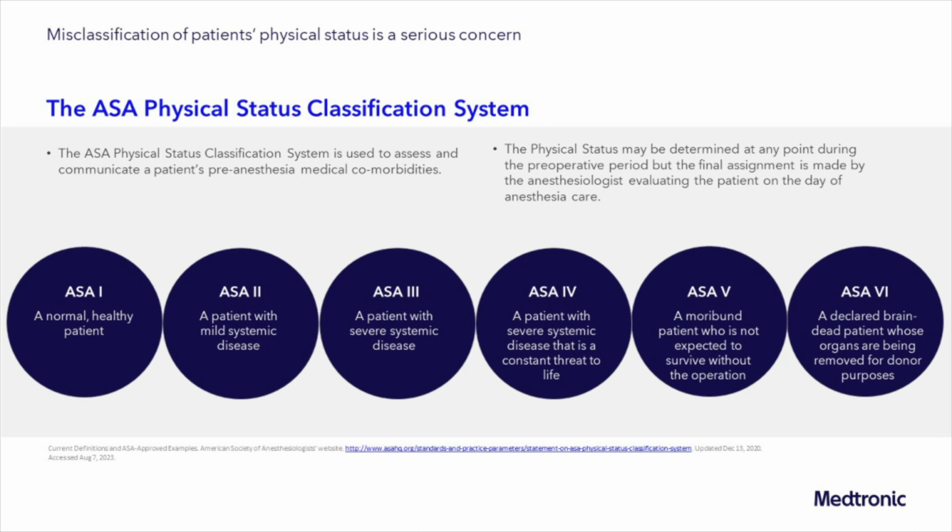Moving over one, ASA 3 is a patient with severe systemic disease. And then ASA 4 is a patient with severe systemic disease that is a constant threat to life. And an ASA 5 is a patient that isn't expected to survive without an intervention, an operation. And then ultimately, the ASA 6 is a brain dead patient.